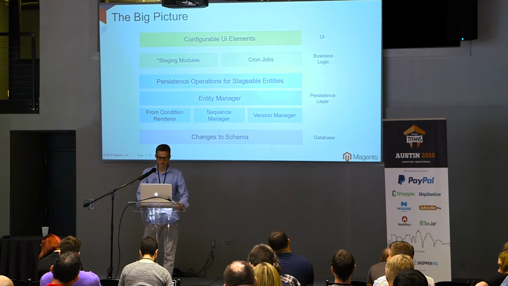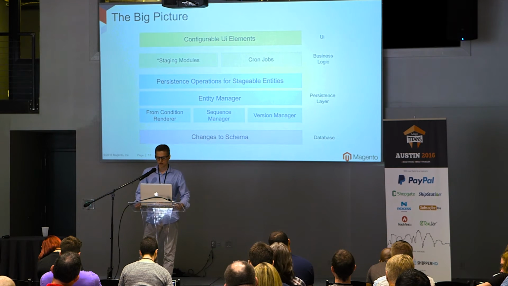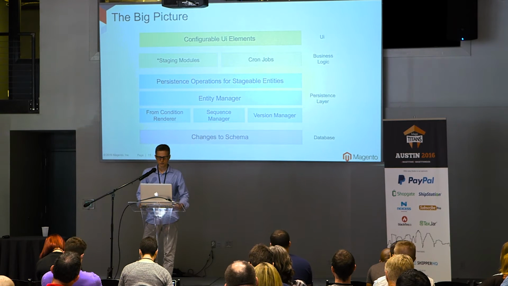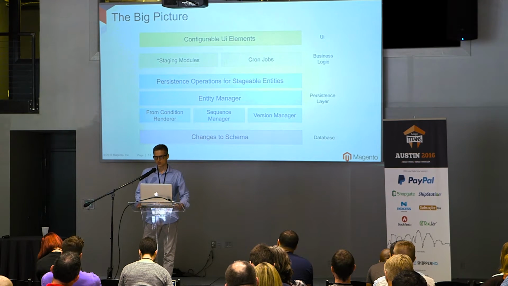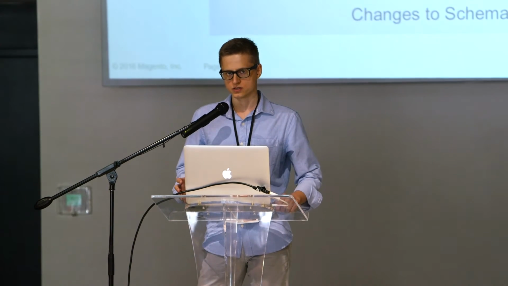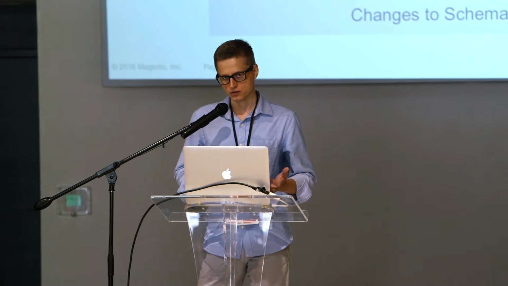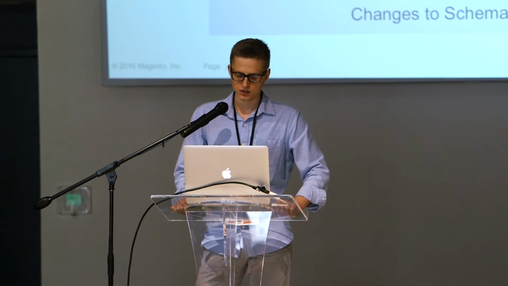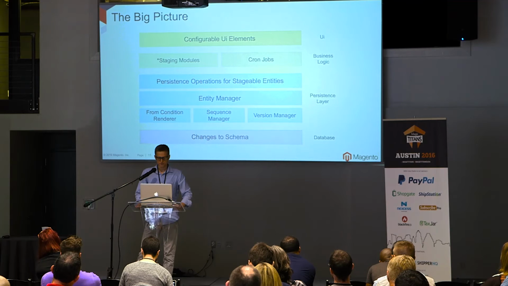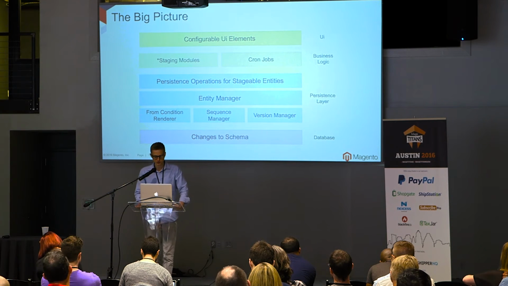We have a staging module that contains business logic that applies to all entities, and we also have modules that end with staging, for instance, catalog staging or CMS staging. These modules extend original modules to add the staging behavior. Some actions are done by cron jobs, for instance, applying updates, and configurable UI elements.